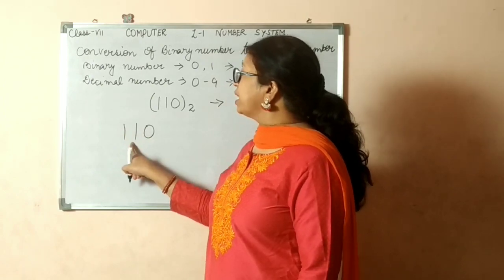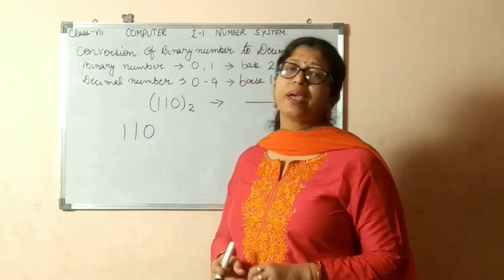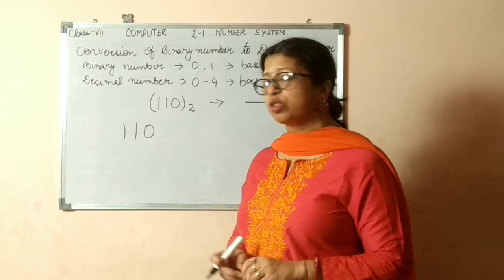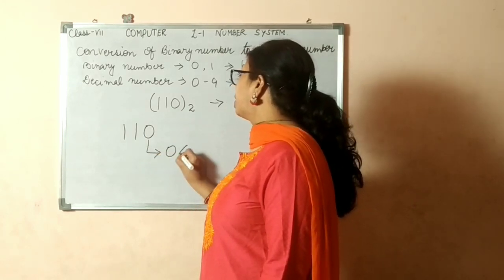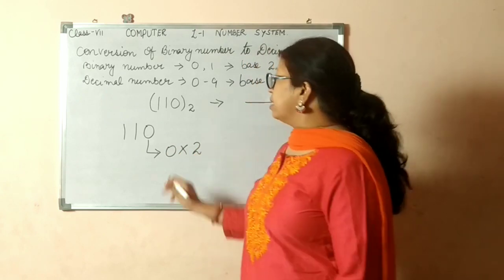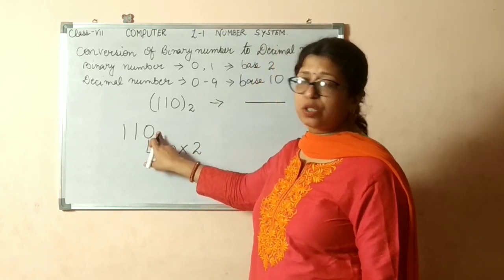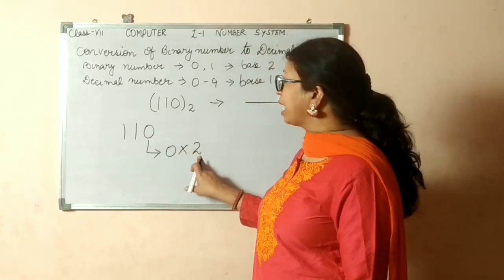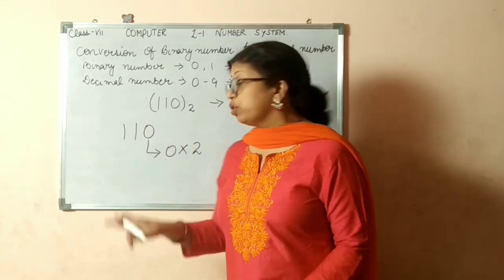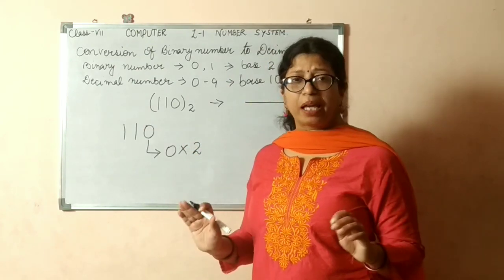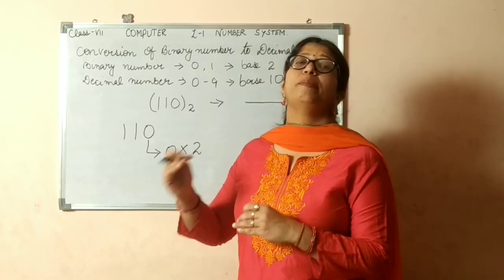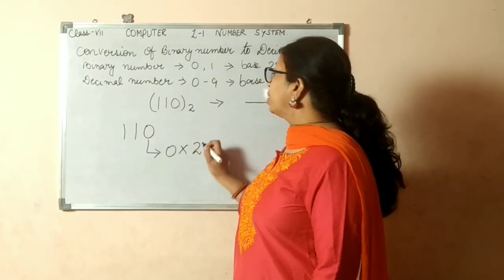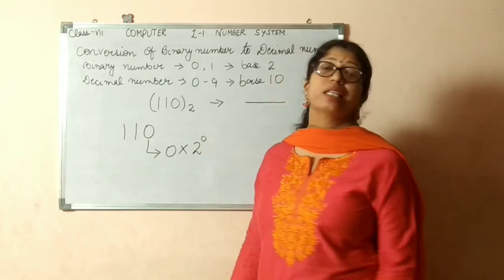With each next place, the positional value will also be increased. So when I am going to multiply this 0, this is the face value and this is the base with the positional value. The base is always 2 with the binary number, but the positional value will be changing. At the unit place, my positional value is 0.